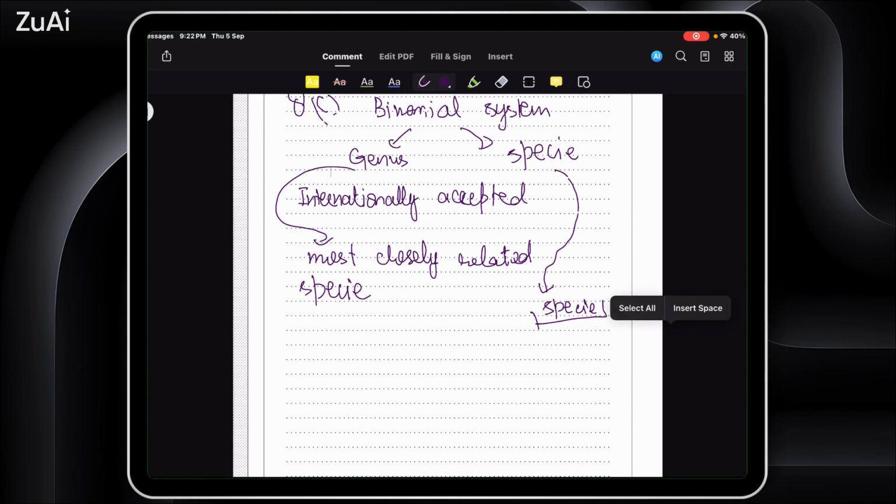So it's easier to name newly discovered species. Easier to name newly discovered species.